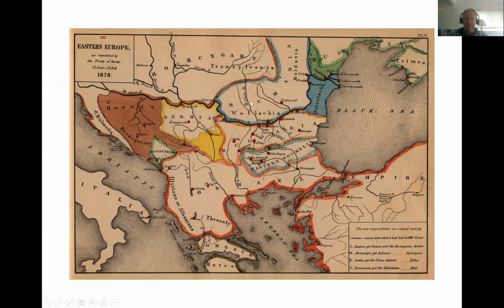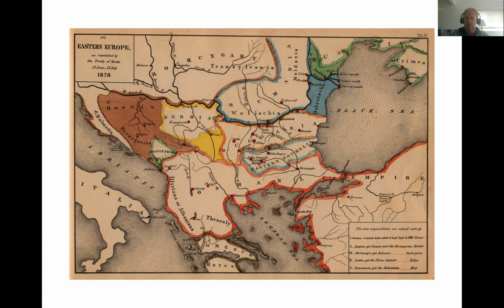The first is Romania, then Serbia, Bulgaria, Greece. The Ottomans maintain a small portion of Europe. They'll do so until the second decade of the 20th century, when Albania will become independent.